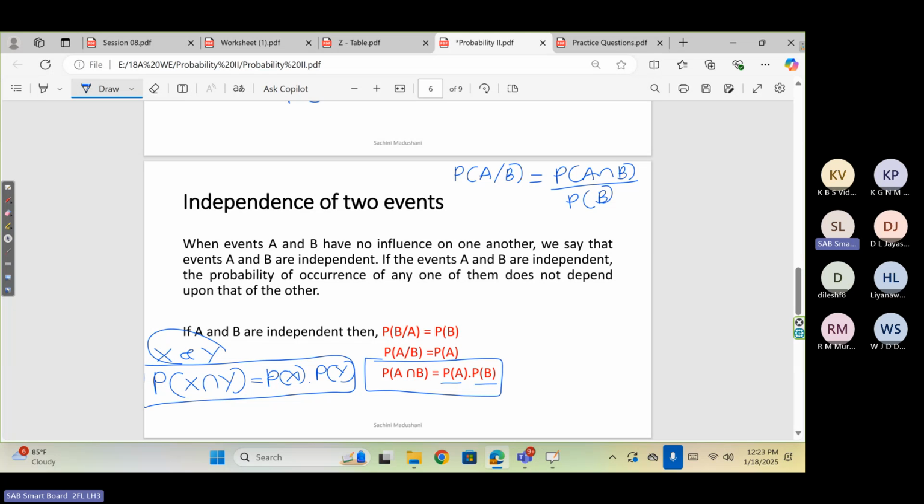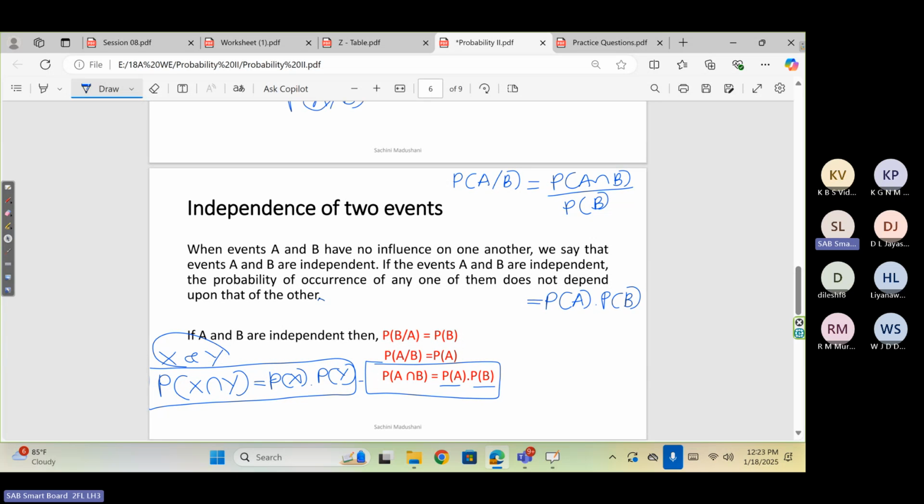Okay. Then here we assume A and B are independent. Then what happens? How do we find the intersection? Probability of A into probability of B. Right? Then instead of this, we can write probability of A into probability of B, divided by probability of B. Now we can cancel, there's a multiplication.